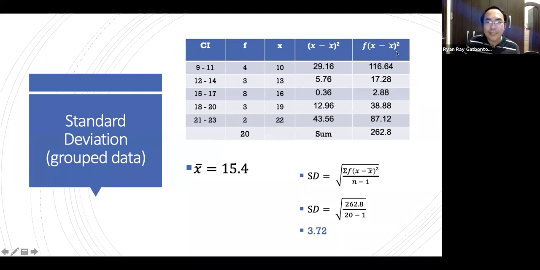Now, after finding this part of the formula, we add them all up, and this will be the numerator of your standard deviation formula. So substituting in the formula, we get 262.8 divided by 20 minus 1, because the total frequency that we have is 20. And when we do the computation, we get 3.72.